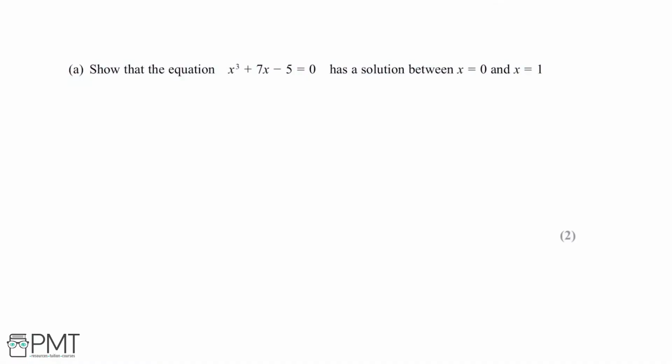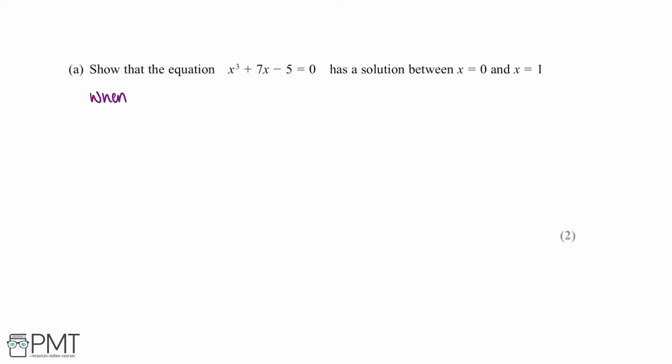Show that the equation x cubed plus 7x minus 5 equals 0 has a solution between x equals 0 and x equals 1. So the first thing we're going to want to do is substitute these two values of x into this equation here.